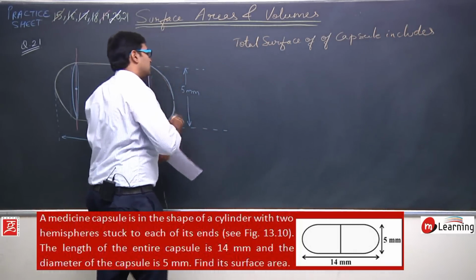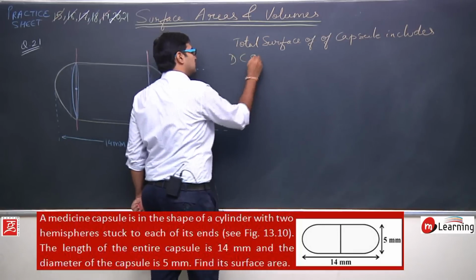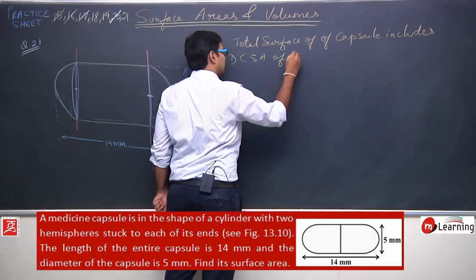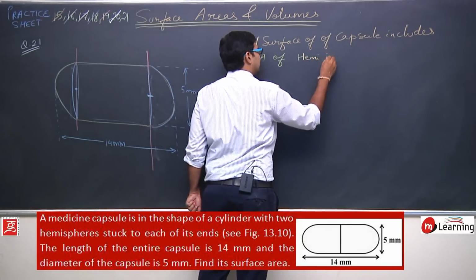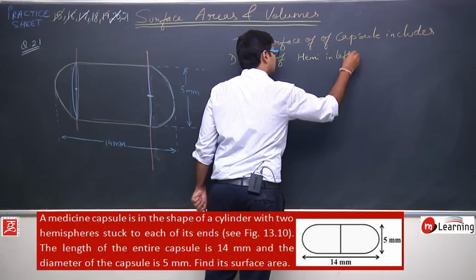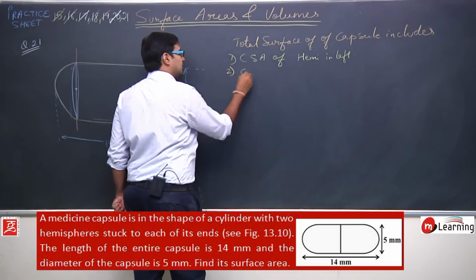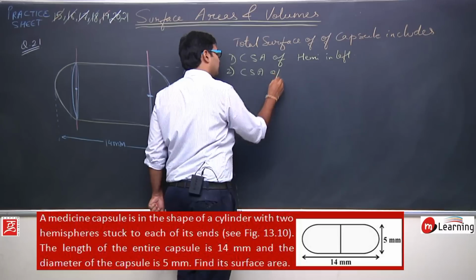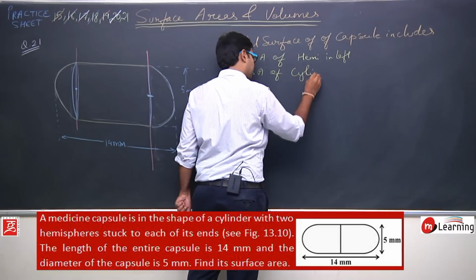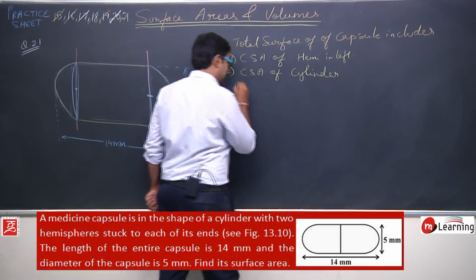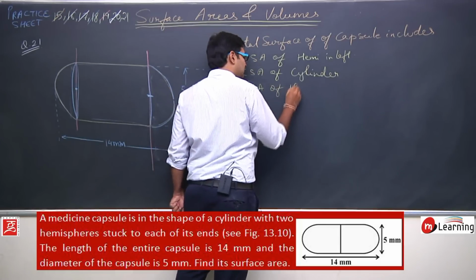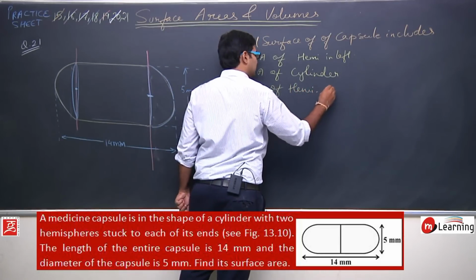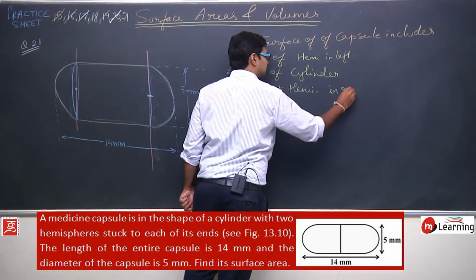three things. The first thing is the curved surface area of the hemisphere in the left side. Second, the curved surface area of the cylinder. Then third, the curved surface area of the hemisphere in the right hand side.